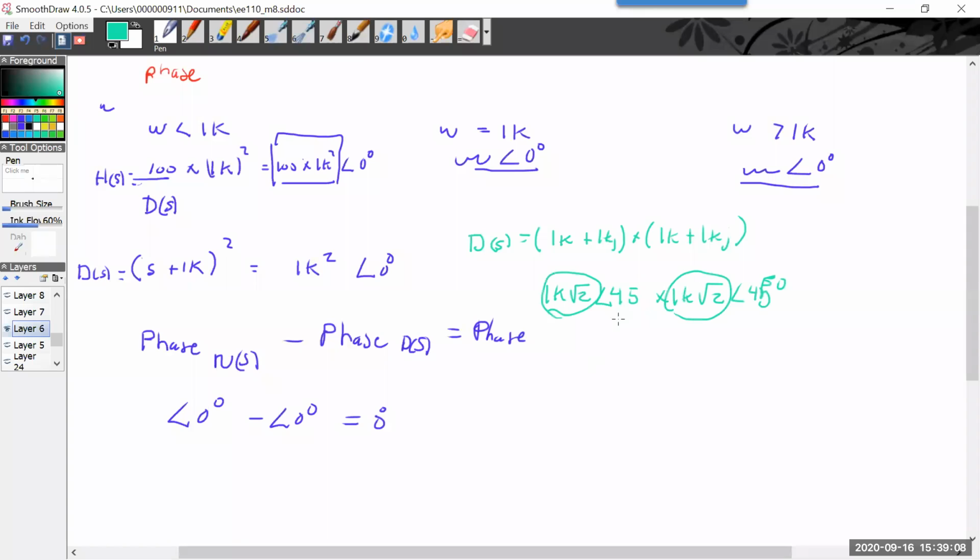We've already calculated it. It's really just these two phases. So the phase of the denominator when omega equals omega naught, in this example, is 90. So the total phase is 0 minus 90 equals minus 90.